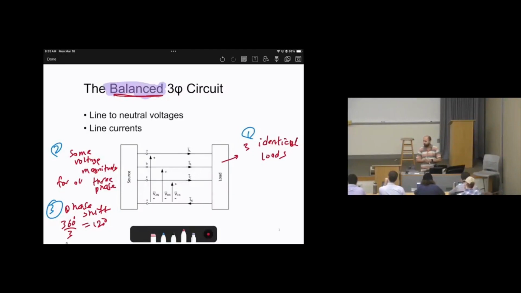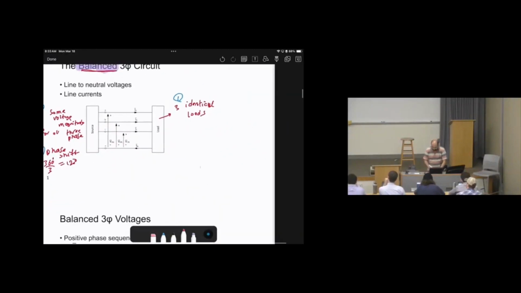Why? What's the point of using this phase shift? Why wouldn't we use them all as zeros and stop? You can imagine this as vectors, like in physics or even in math. This is vector A with angle 0, vector B with angle negative 120, vector C with positive 120.